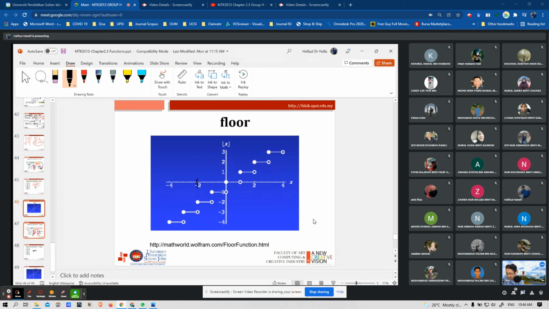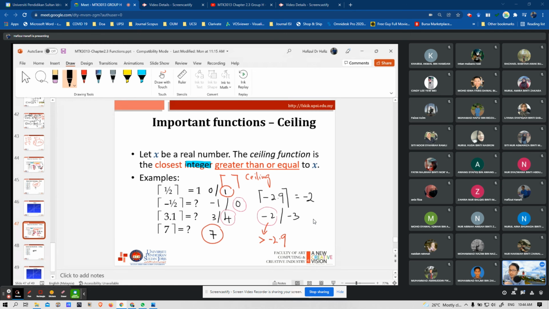This one is an important function also, ceiling. Ceiling is the greater than or equal to. 0.5, you ceiling to 1, negative 0.5 is 0.